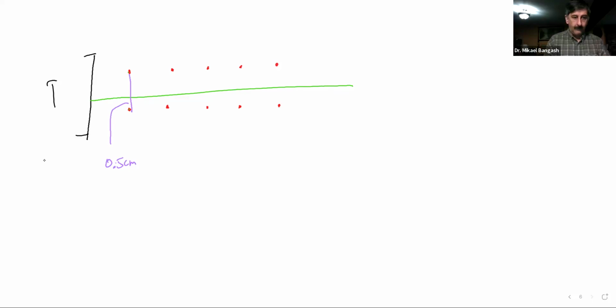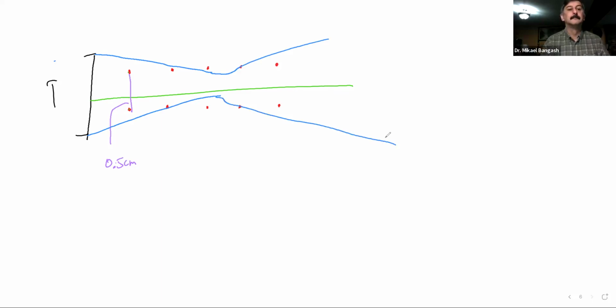Our beam starts like this, for instance. Now what we can say here is that at this point, the beam's diameter may be, let's say, 0.8 of a centimeter.